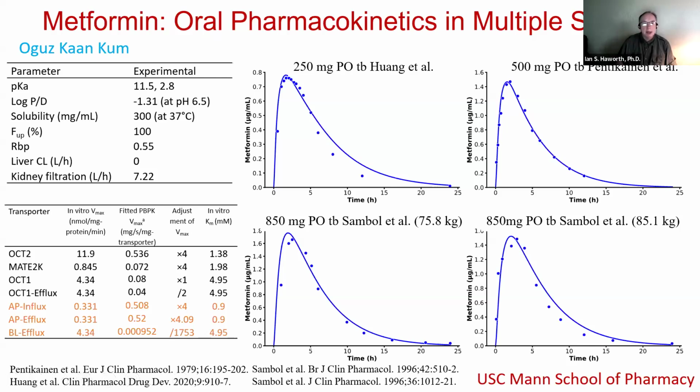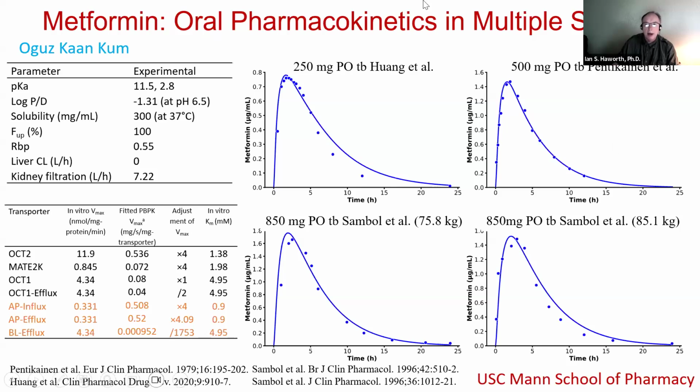It's complex because we've got transporters moving the metformin into epithelial cells, back out of epithelial cells into the intestine, and also on the basolateral side of the gut wall, moving the metformin into the blood. And so all these data capture that, and we've also got, of course, the paracellular route going on.